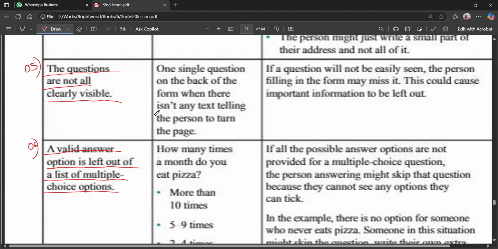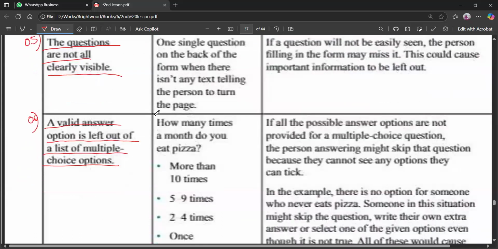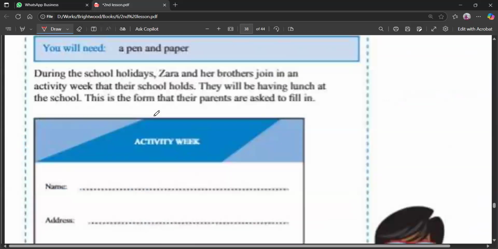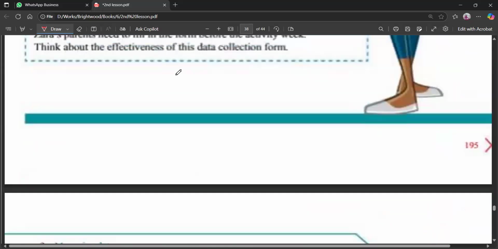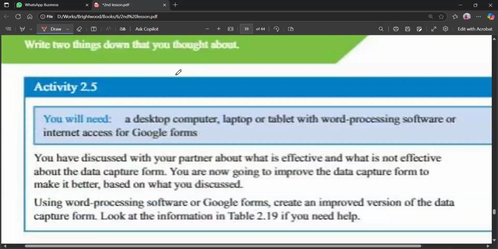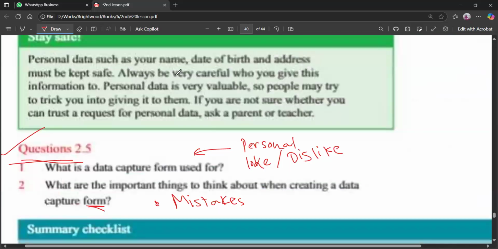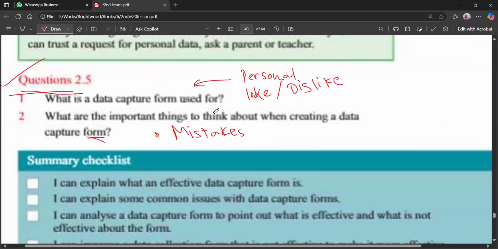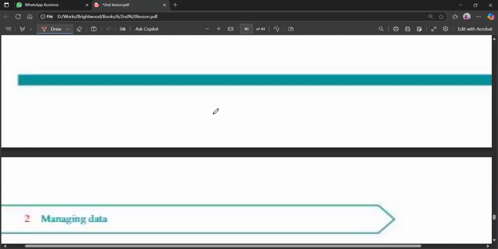Next, the valid answer option is left out of a list in a multiple choice question. Okay, those are the things. And I said you can write these questions according to that.